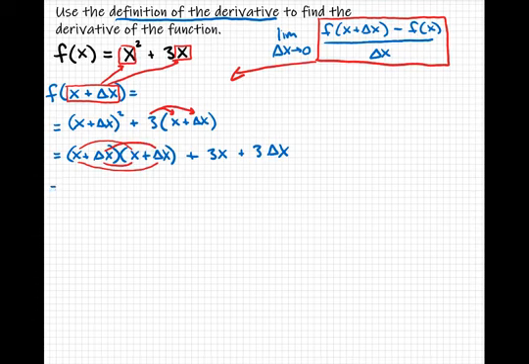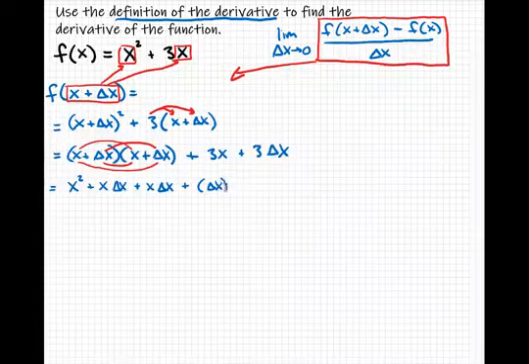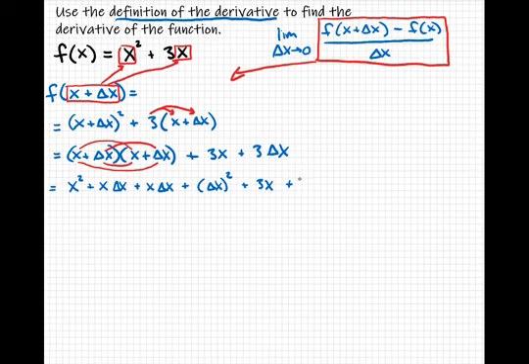When we multiply this out, first times first, x times x, is x squared. Outer times outer is x times delta x, inner times inner is another x times delta x, and last times last is delta x times delta x, or delta x squared. Then we have a plus 3x and a plus 3 delta x.